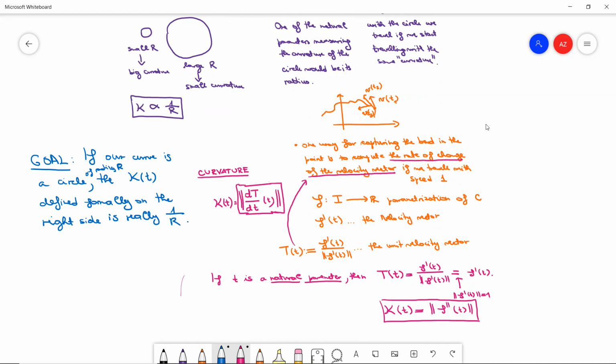So we would like to show that this formal definition coincides with our intuitive definition of curvature. And that's why in the last hour we computed the natural parameter for the circle of radius a, because now we can easily compute the curvature of this circle, since we know its natural parameterization. And this will be the content of the next slide.